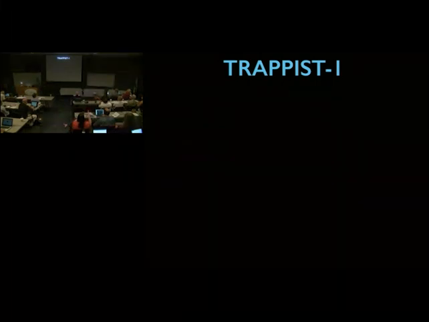Okay, another really exciting system that has a habitable zone planet is TRAPPIST-1. Now, TRAPPIST-1 is a transiting detection, but it's a completely separate mission, and it's ground-based. So this telescope particularly targets very, very small stars, almost not stars.